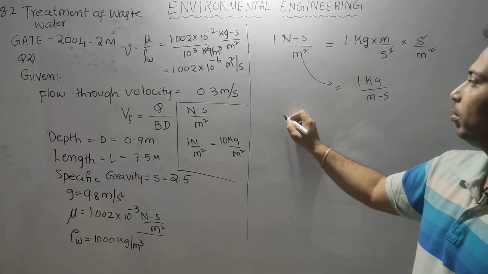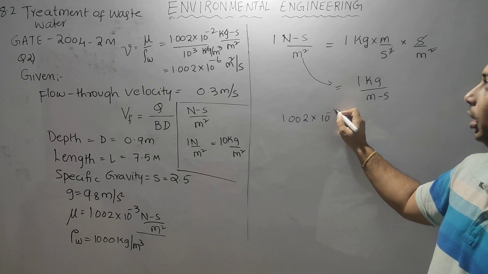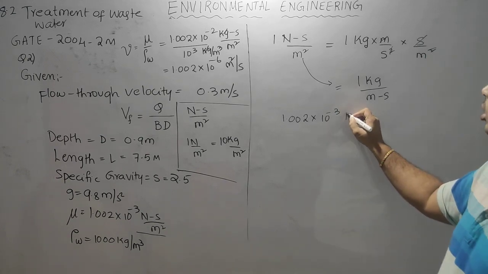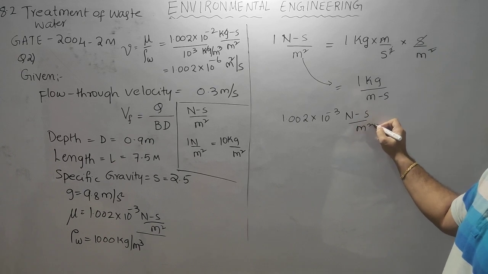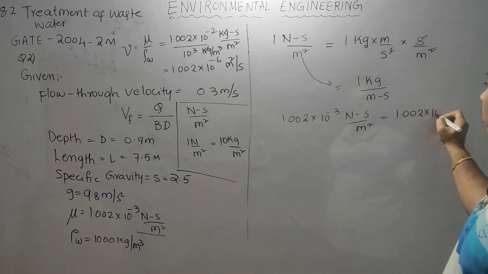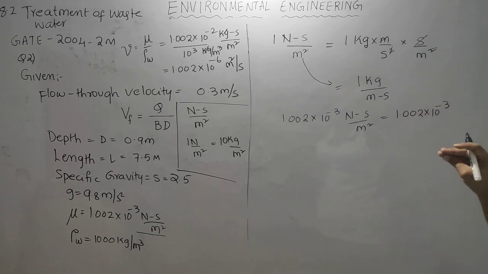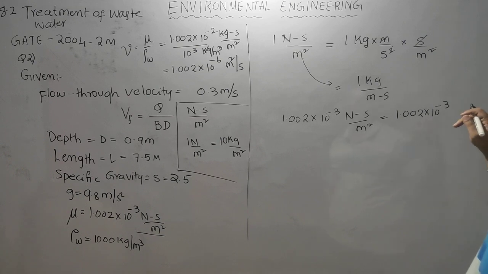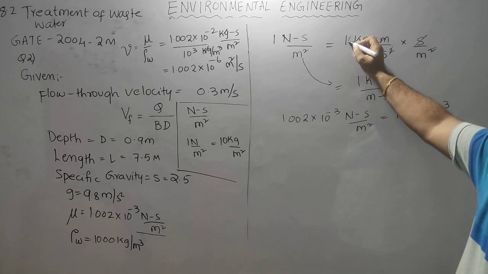Now, 1.002 into 10 to the power of minus 3 Newton second per meter square. Here the acceleration due to gravity value is 9.81, approximately 10.